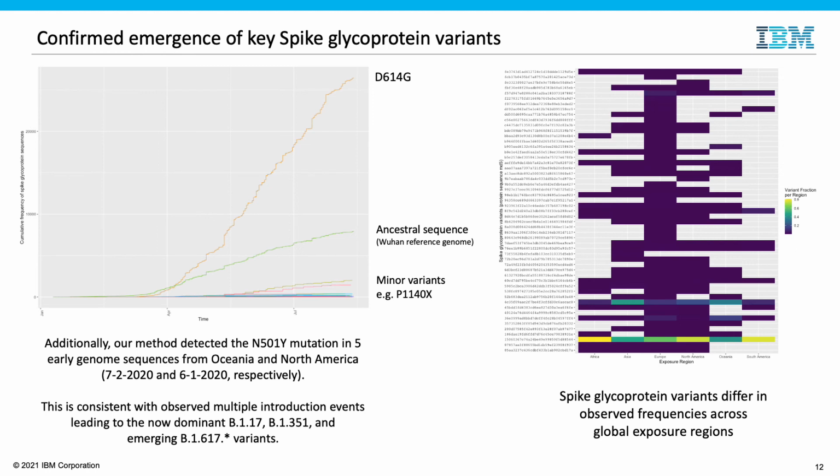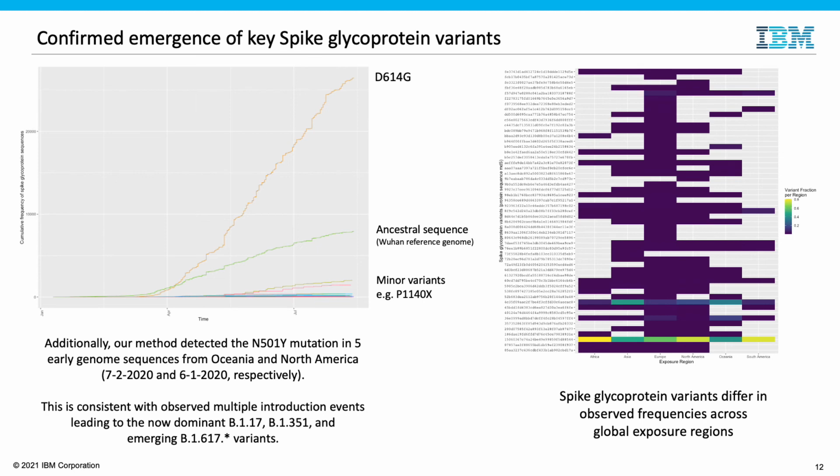This corpus was obtained just prior to September of last year. In some of these early sequences, we see this mutation occurring in Oceania and North America in late summer. This mutation has now been observed in the literature to have multiple introduction events, and it now leads the dominant B117, B1351, and B1617.1 and .2 variants, which is the Delta variant and so forth.